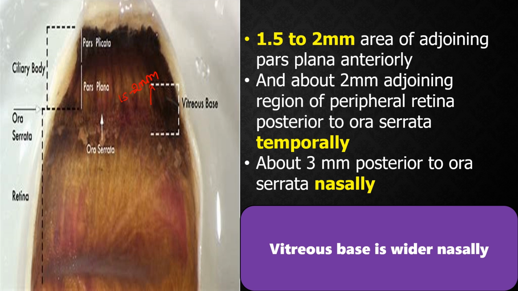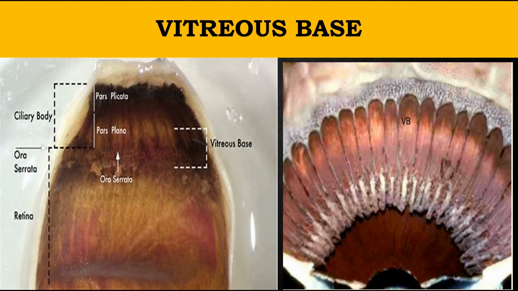So when you go nasally, it extends 3 millimeters into the ora serrata, whereas if you go temporally, it extends only about 2 millimeters into the ora serrata. So what can we say? We can say that the vitreous base is much wider nasally because it is extending more posteriorly on the nasal side of the ora serrata than on the temporal ora serrata. Okay, so that was regarding the dimensions of the vitreous base.